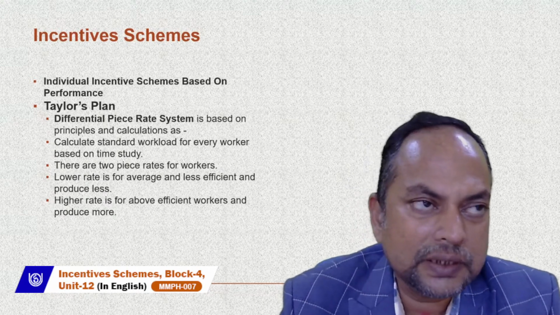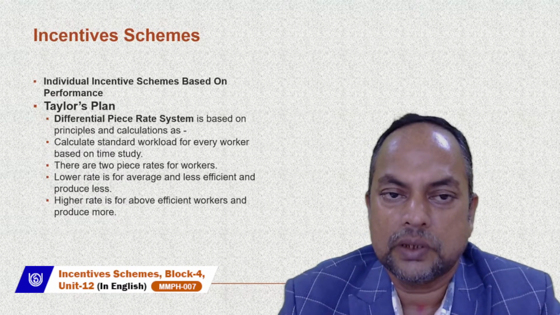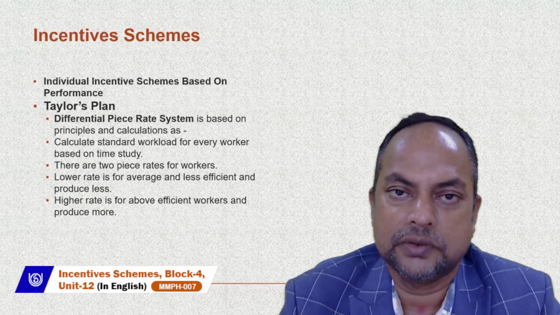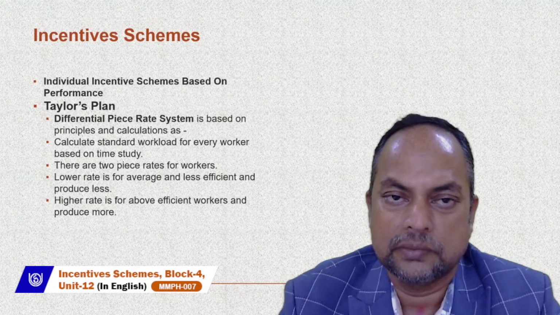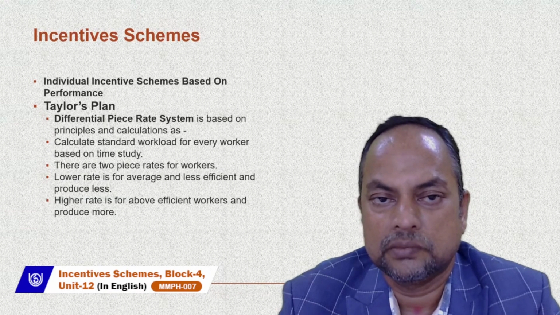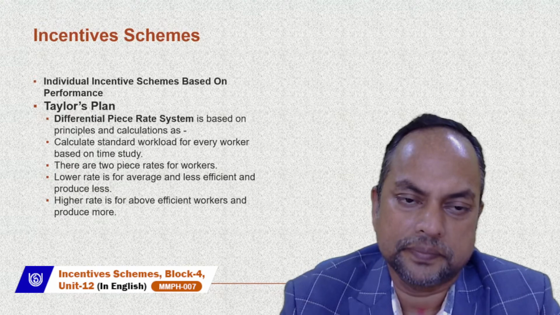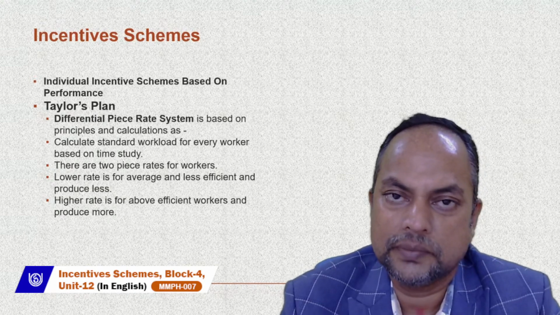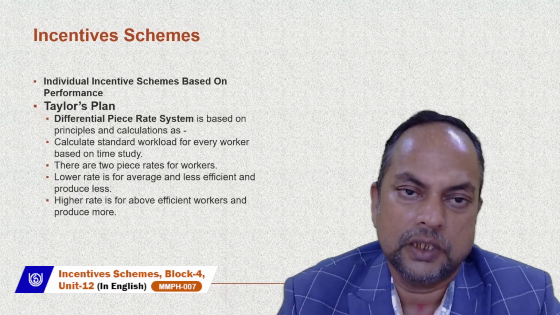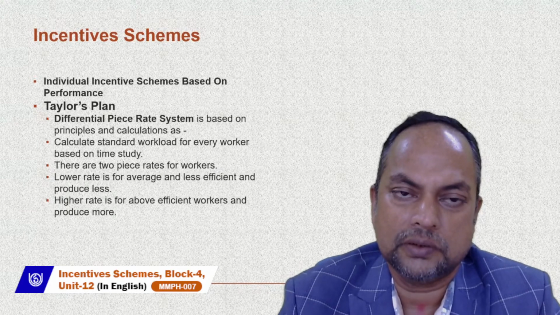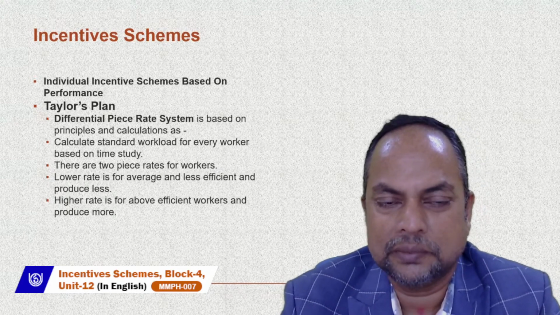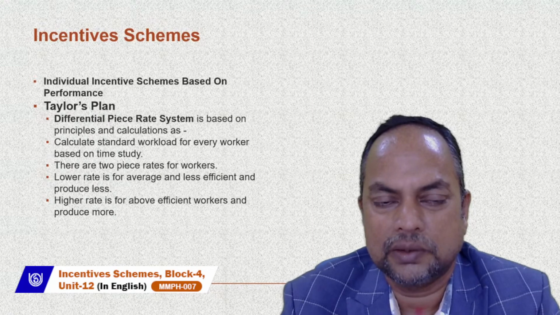Right? Say, for example, if the workers are given a target of producing, say, 10 tons of product per day, right? So, if the workers will produce 10 tons of product, or say, for example, it may be difficult to calculate, right?